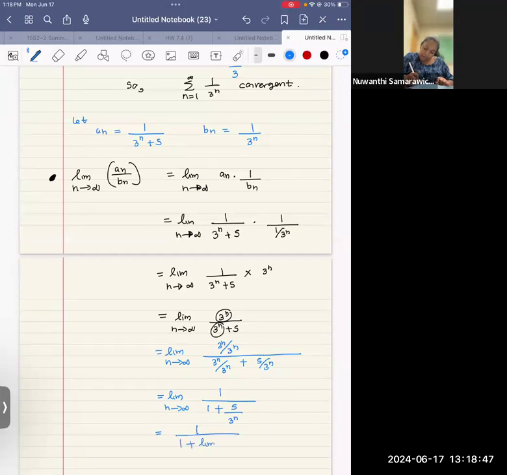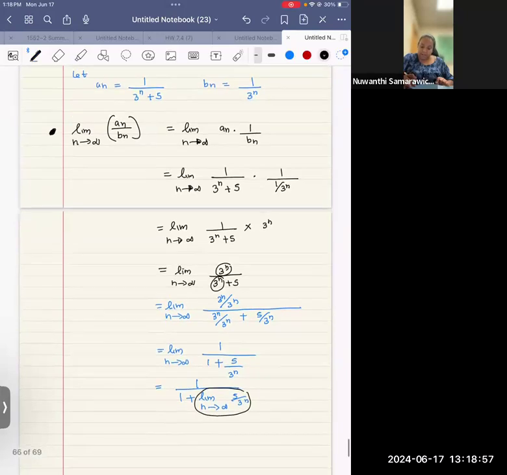When n approaches infinity, what happens to this part? What do you think? This is just 0, right? Because remember, if we have something like this, it is 0. This is the theory that we use.